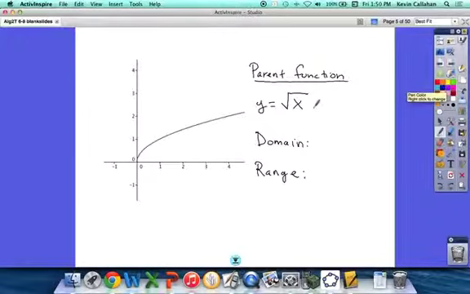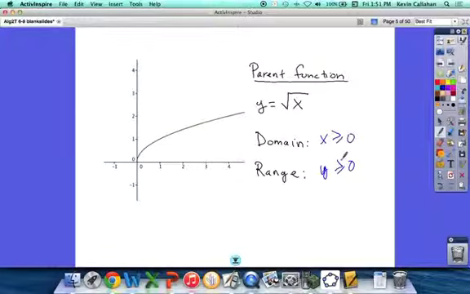Okay, again, so what do we expect would be the domain of the square root function? What can I plug in the square root? Greater than or equal to 0, right? So x greater than or equal to 0. And the range is, since you assume it's positive, y is greater than or equal to 0.